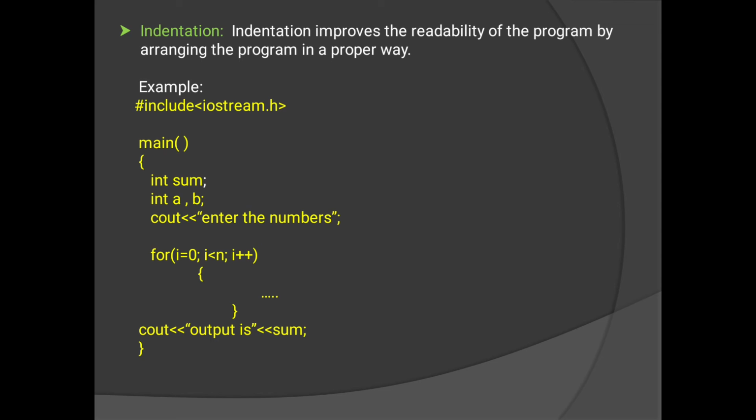For the for loop, again there is a for loop body within opening curly braces. That is also inside the main function, but in order to give proper recognition to the for loop, two tab spaces are given, which means more indentation.